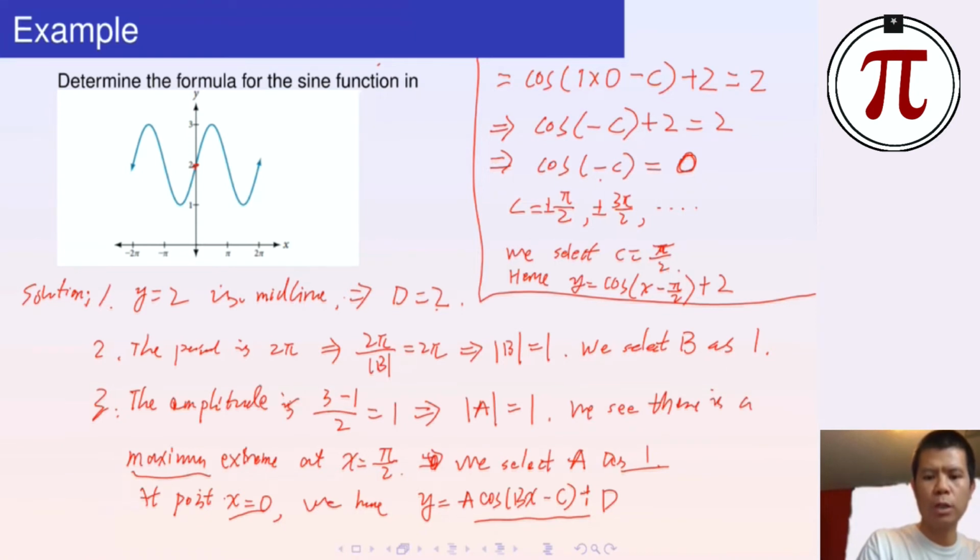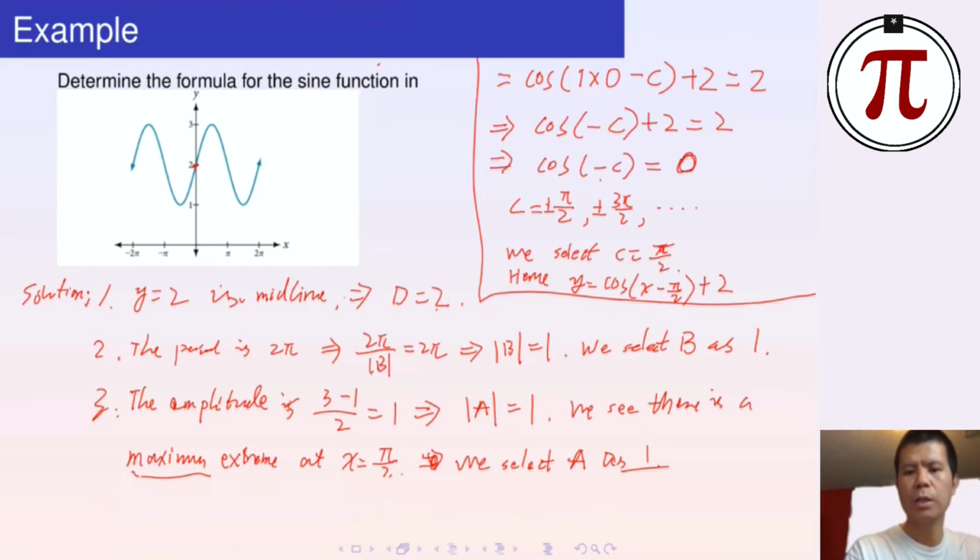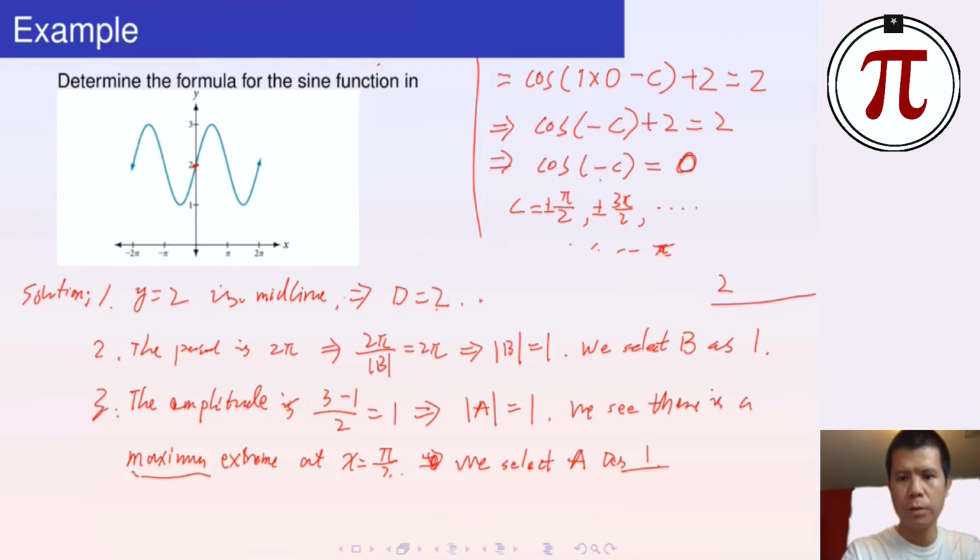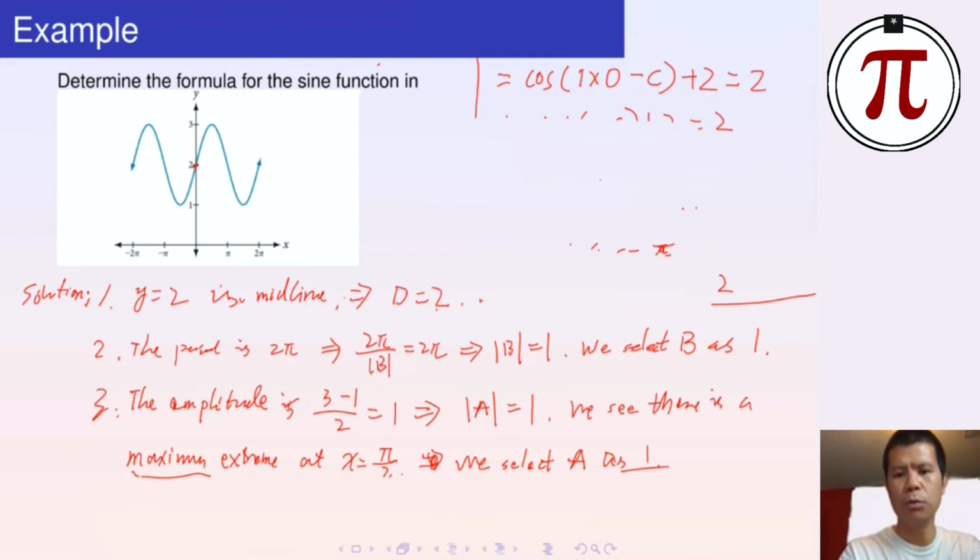But we're not doing cosine now, so we may just have to change these ones, using the new method. So can you use the new method to find a sine function for this?